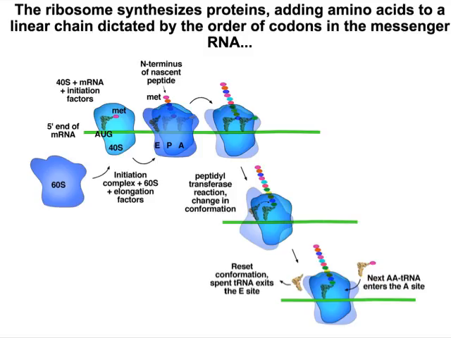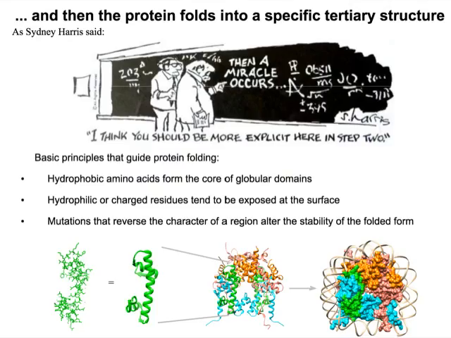No matter where they're going to end up, all of these proteins start off as messenger RNAs that are being translated into proteins by ribosomes. So the ribosome engages the messenger RNA, and in each catalytic cycle, it adds one more amino acid to a linear chain, ending up with this long string of amino acids that will form the protein.